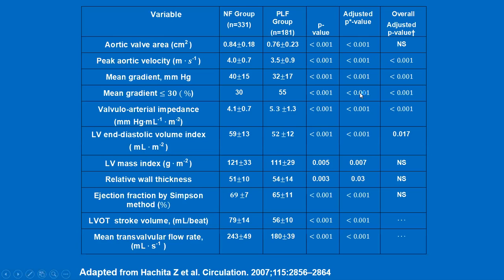This slide is from the original paper, Dr. Hachicha and his colleagues, showing the main difference between normal flow and paradoxical low flow, where these patients had a lower valve area, a higher global afterload, and smaller hearts.